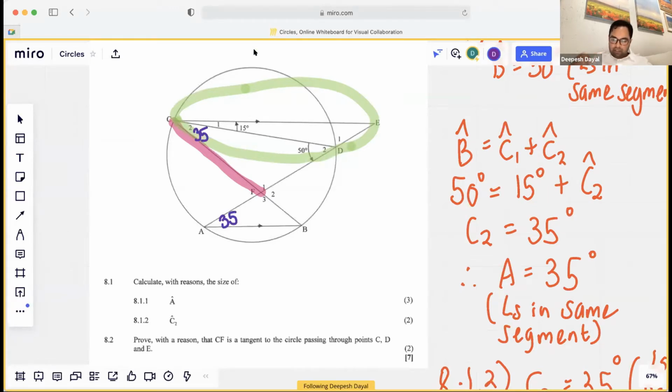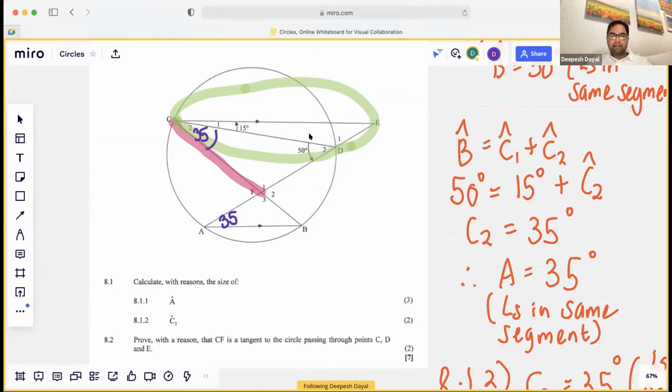So for tan chord theorem, what we need to prove is that C2 equals to which one in the circle? Which one in this triangle must it equal? So we've got a triangle here, right? So C2 must equal to which angle in that triangle in order for this to work?